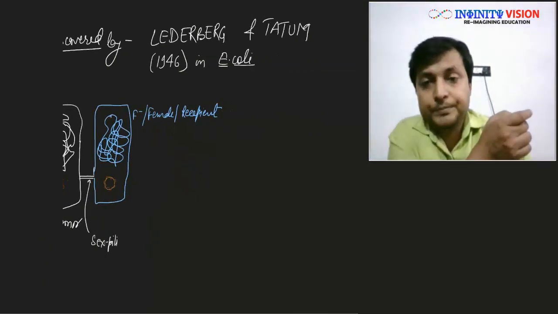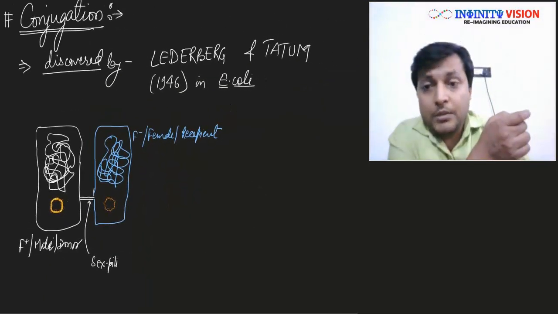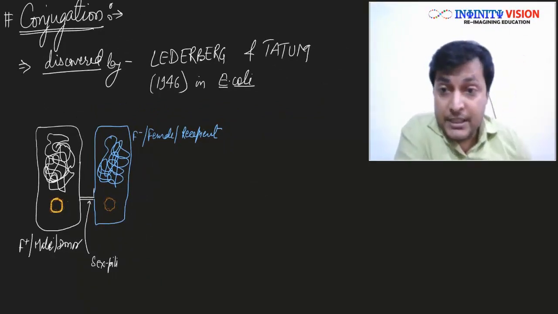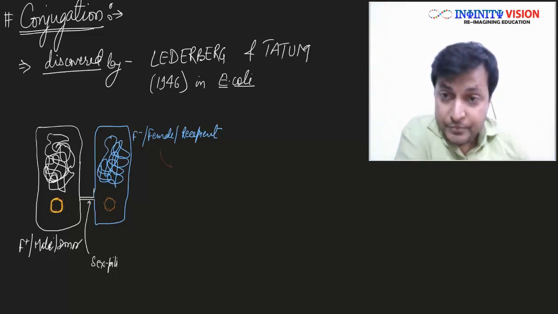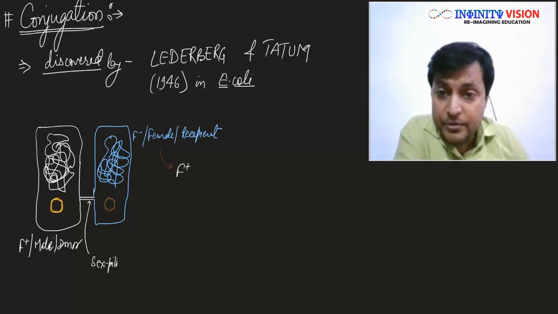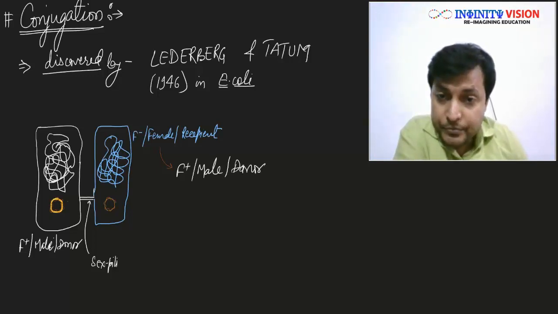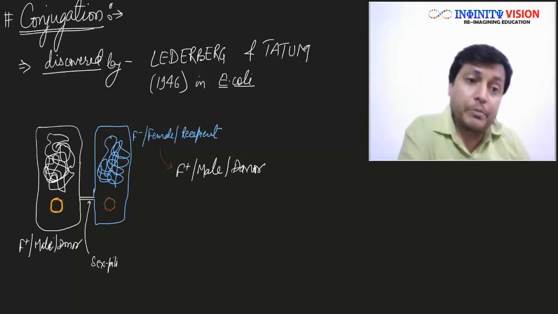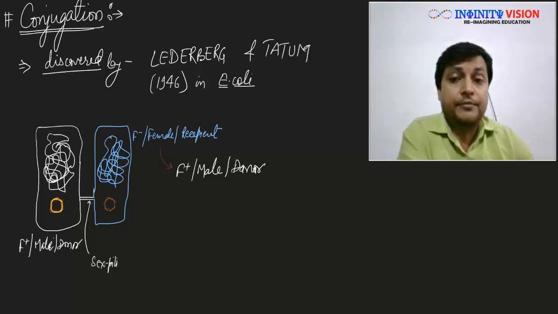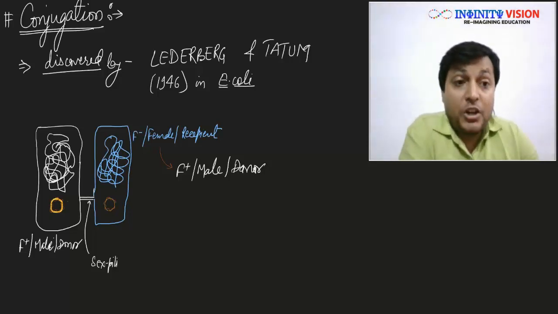Can you see? Now both the bacteria have the F factor, so even this bacteria has now become what? F positive or male or donor. So after conjugation both become F positive, or you can say after conjugation the F negative becomes F positive. Okay, great.